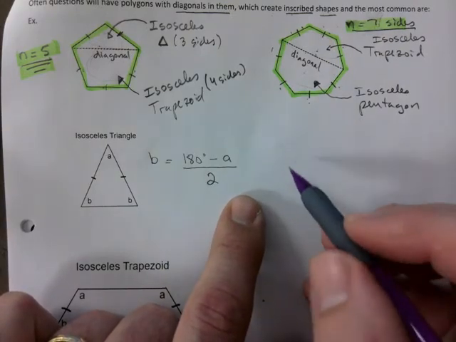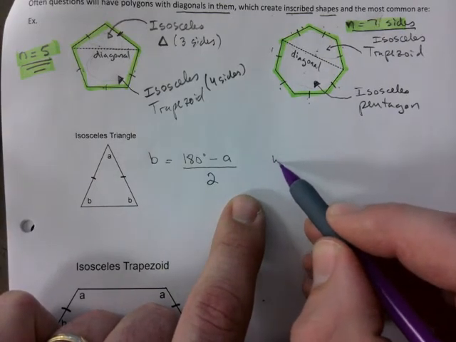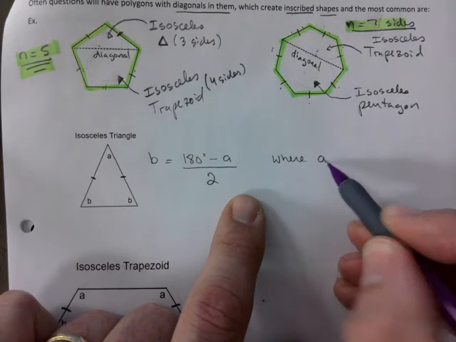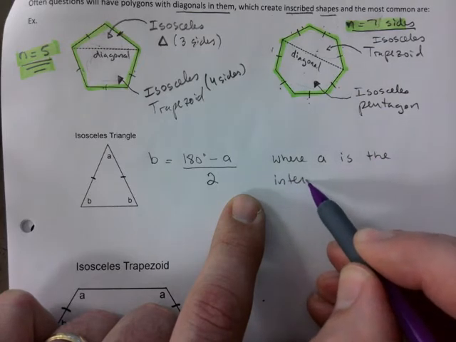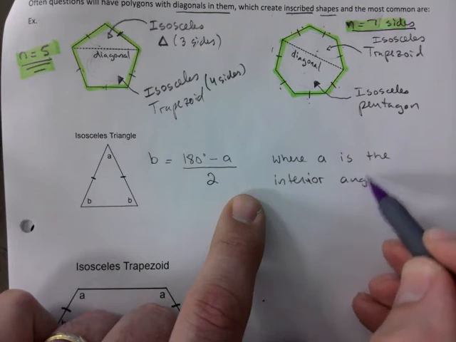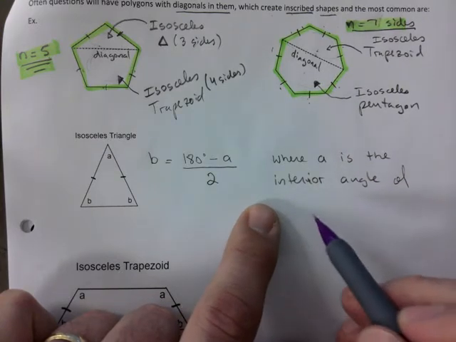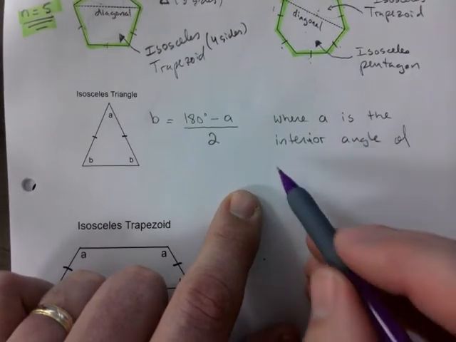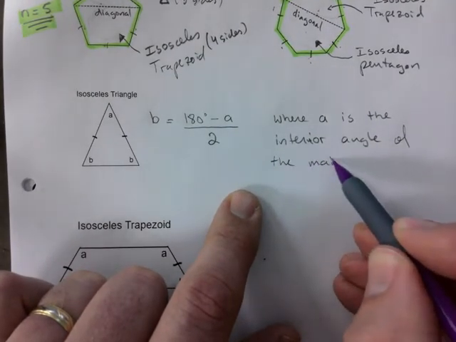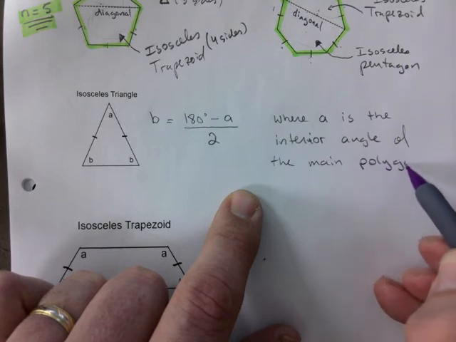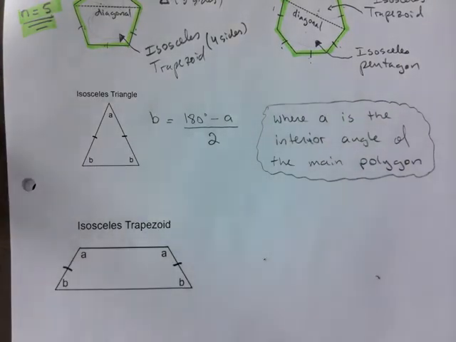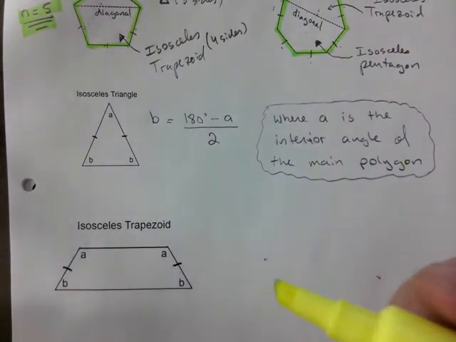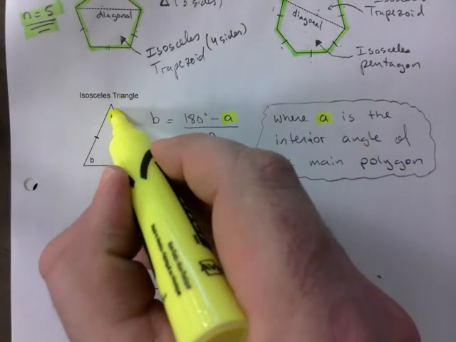I will just make a note down on the side here where A is the interior angle of the main polygon. Okay, it's very important. So A, I will highlight, and I will highlight it there as well, and maybe also in the triangle.